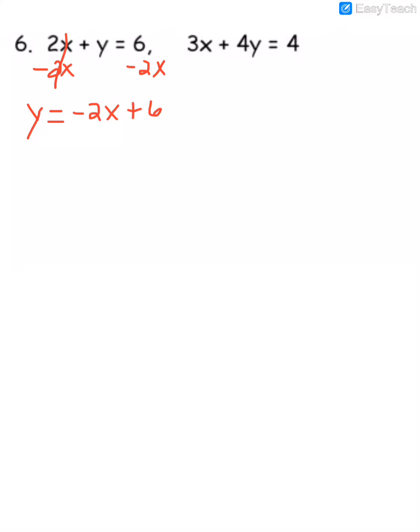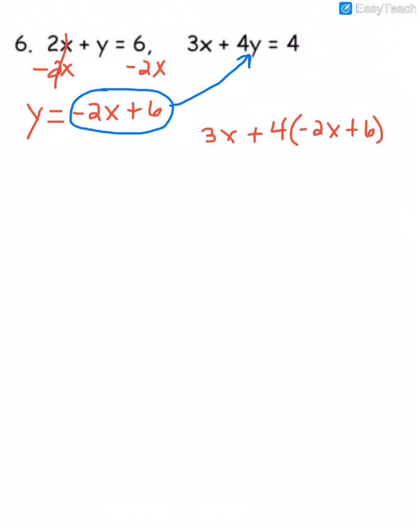Okay, so I'm going to take what that variable is equal to, the y is equal to this, and I'm going to substitute it into the other equation where the y is. Okay, so when I do that, I get 3x plus 4, and I'm substituting in parentheses, negative 2x plus 6 equals 4.